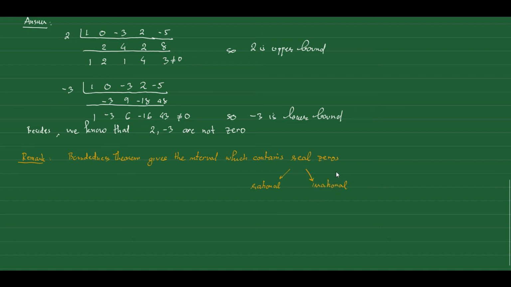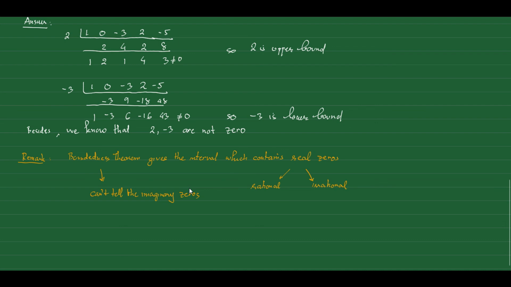But we cannot tell anything about the complex zeros. This theorem cannot tell the imaginary zero, the one with the i. It just tells you the real ones, not the complex, not the imaginary.